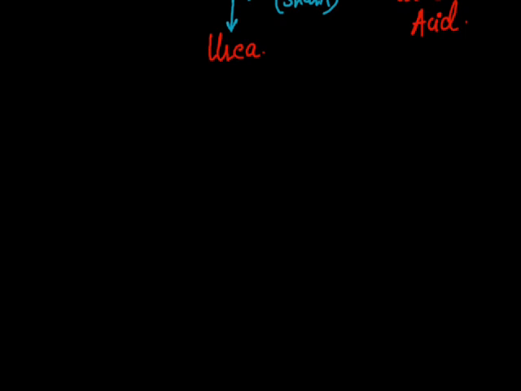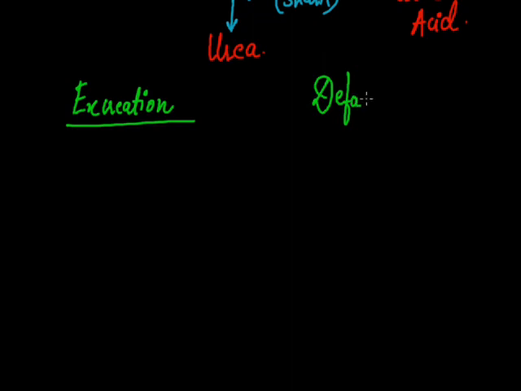Now, before going to the excretory organs of different organisms, I like to discuss the two terms we all are familiar with: excretion and next is defecation. We will deal with the difference between excretion and defecation.